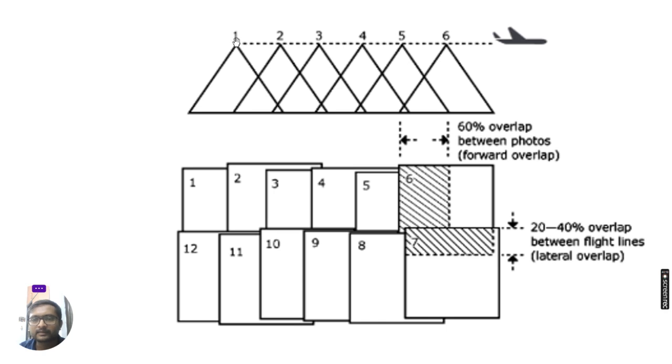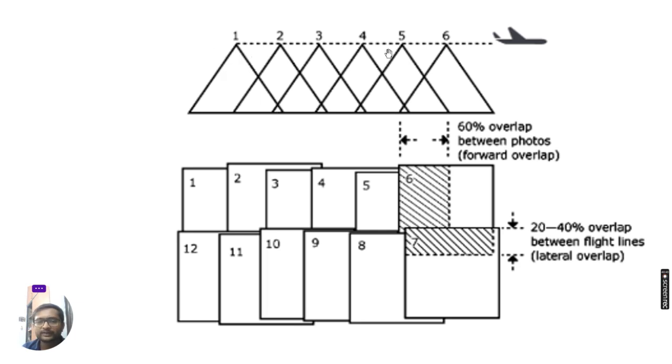When it is at point number 1, you will capture this tile, which is shown over here first. Then you will capture the second, and you can see here between first and second, this area is the overlapping area between these two. So that is known as overlap.